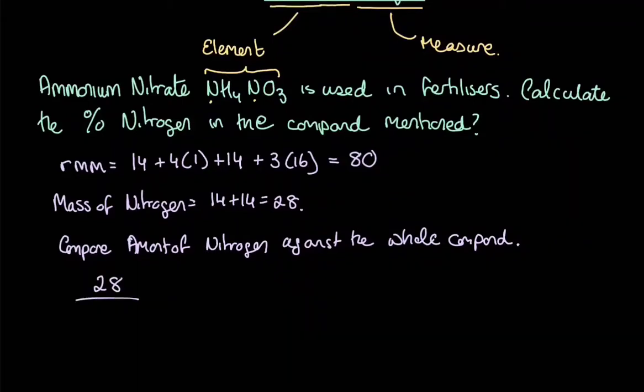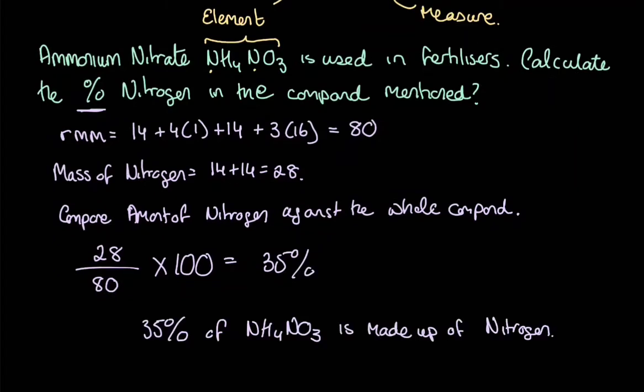So 28 is representing the nitrogen, and 80 represents the full compound. So you're seeing how much of the nitrogen is in comparison to the full compound. And 28 over 80 will give you a fraction. So it's asking for a percentage. All you have to do is multiply it by 100 and you're going to get 35%. So that means that 35% of the ammonium nitrate is made up of nitrogen.